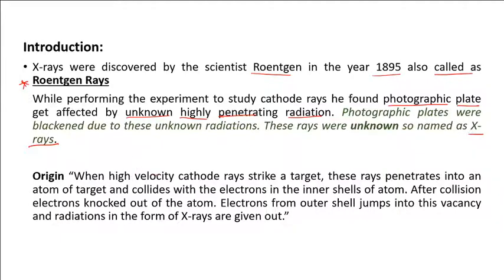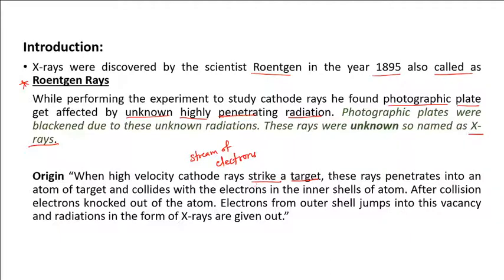So high velocity cathode rays, meaning a stream of electrons, are highly accelerated, their speed is highly increased by applying a suitable potential difference between cathode and anode, and these highly accelerated electrons are allowed to strike a target.